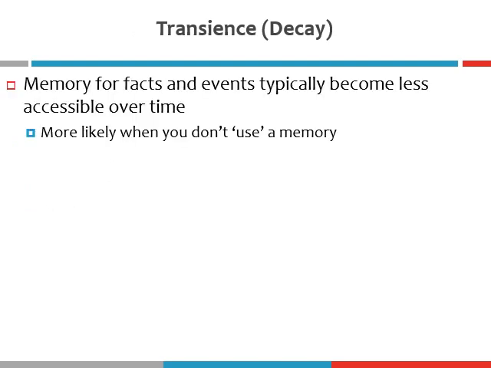Okay, so transience, we've actually talked about transience at length before, but we referred to it by a different name. So transience or decay simply refers to the loss of information over time, or the phenomenon whereby your memory for events, experiences, or even just general knowledge becomes less accessible over time.